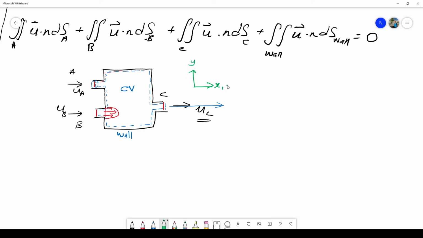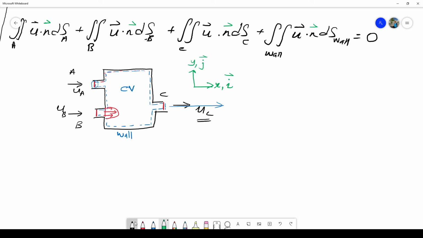So we will have index i in the x direction, and index j in the y direction. This is very important for dealing with the unit normal to the surface that is contained in our continuity equation.